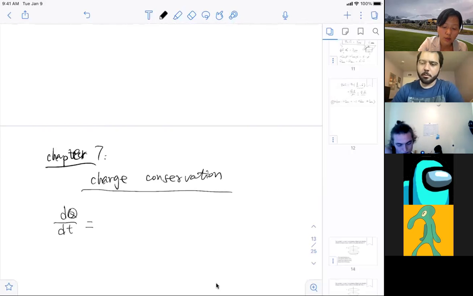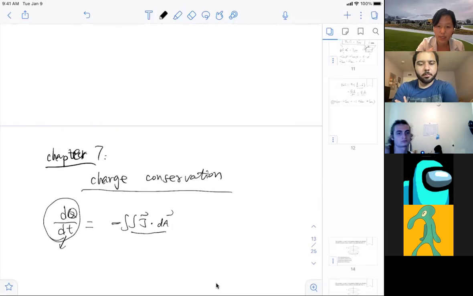If charge flows out of the surface, then your charge inside must be decreasing. So dq dt must be the negative of whatever is flowing out. And vice versa. If charge is coming into the surface, then your charge will increase inside, and your flux is negative, so negative, negative gives you a positive increase. So dq over dt is negative integral of j dA. That is simply charge conservation.